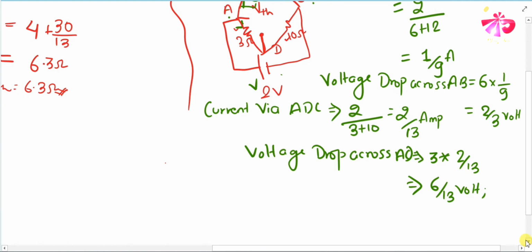Once you identify the voltage drop across AD, now let's identify the voltage drop across BD. In order to identify the voltage drop across BD, let's consider the mesh A, B, D, A. Now let's see the mesh I have mentioned.